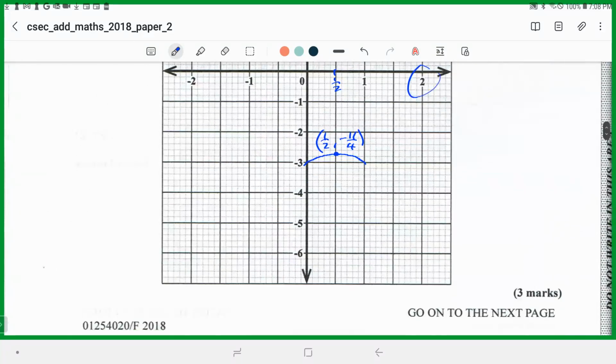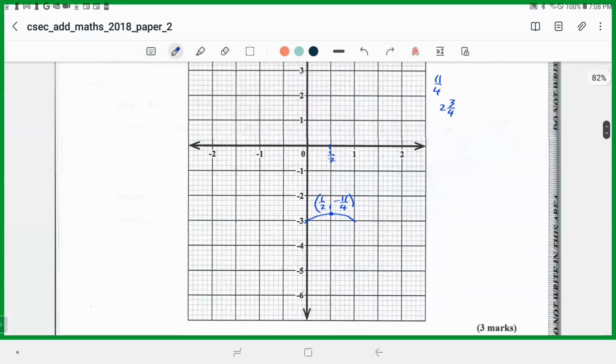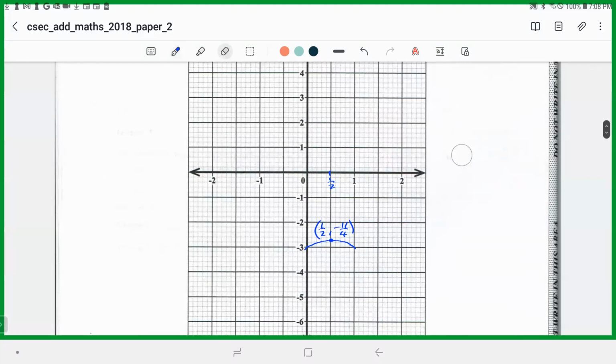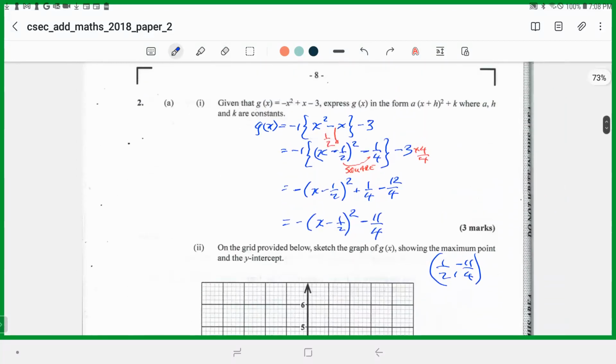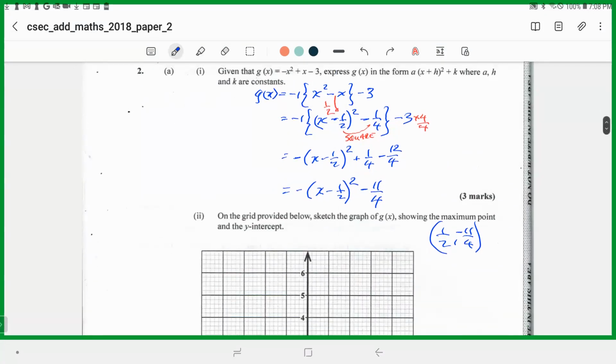Because I put it on a grid, I work out a couple more values. So for example, I work out maybe for when x equals 2. The function is this. I'll put 2 in it. So g of 2 is minus 2 squared plus 2 minus 3.